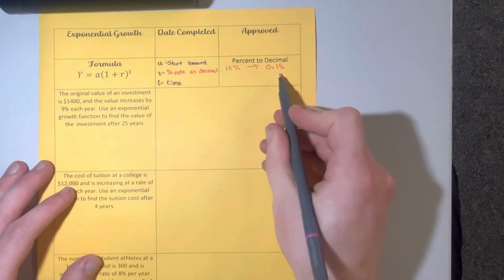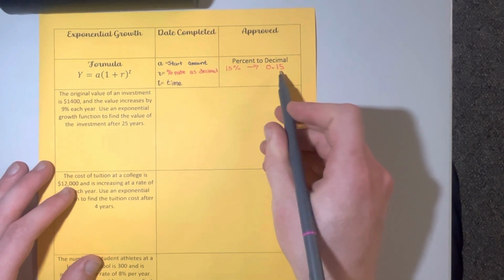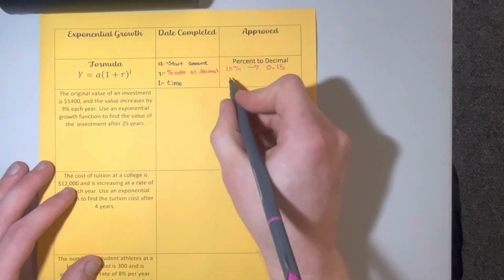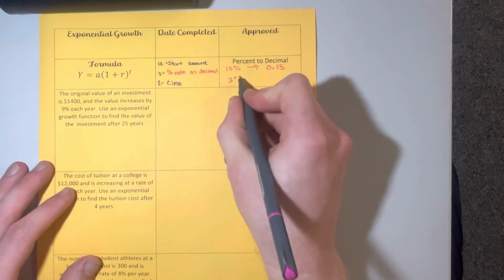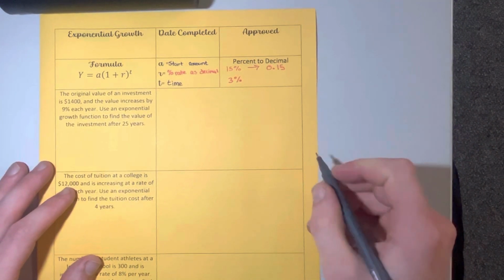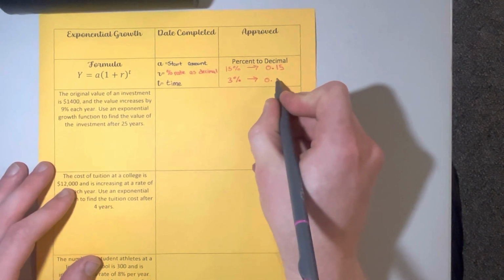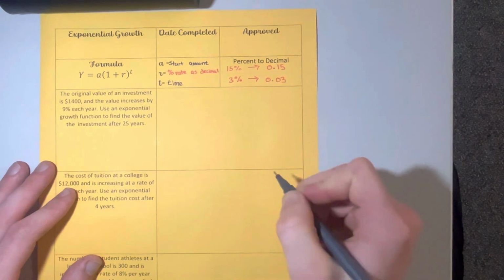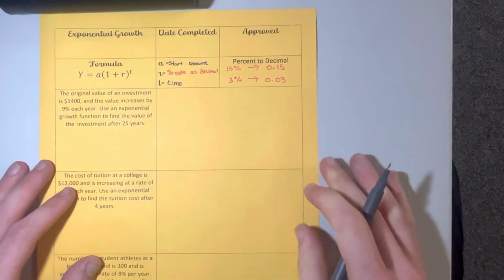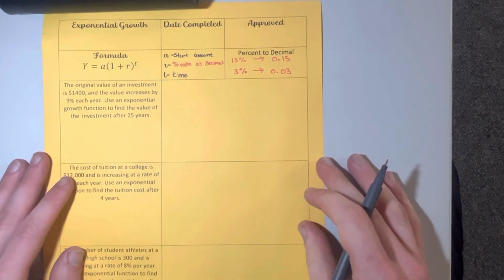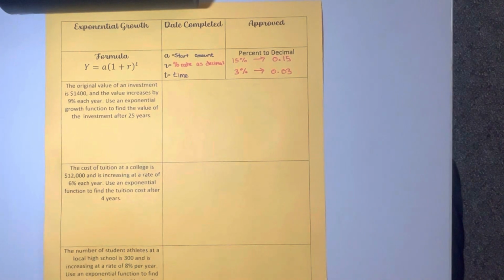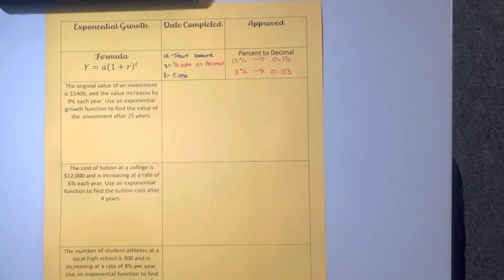See how there's 2 decimal places. If you had something like 3%, this is usually where mistakes might happen. We don't just write it as 0.3, it's 0.03. So every time we do our decimals, we make sure that we have 2 decimal places, either both the numbers of our percentage or a 0 and then our number if it was a single digit.